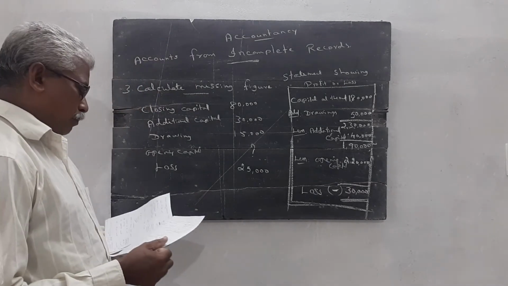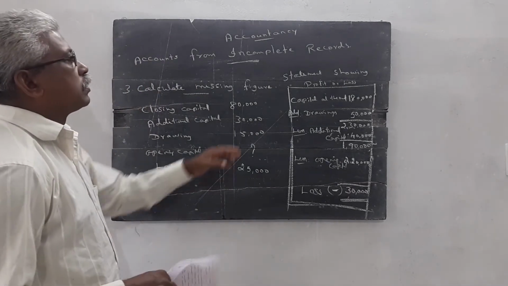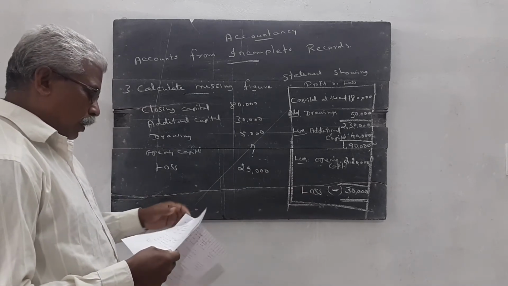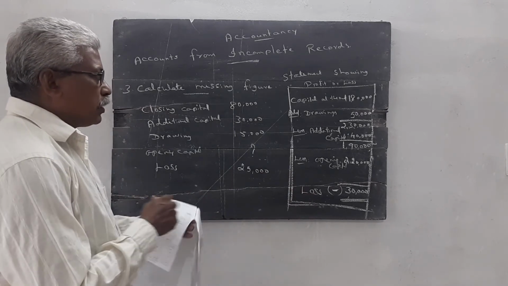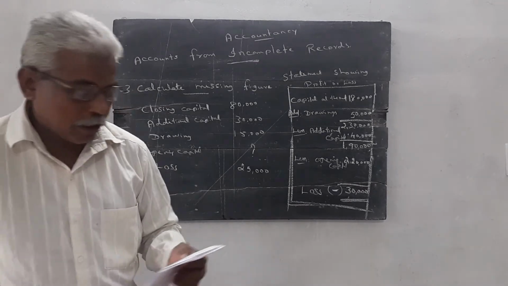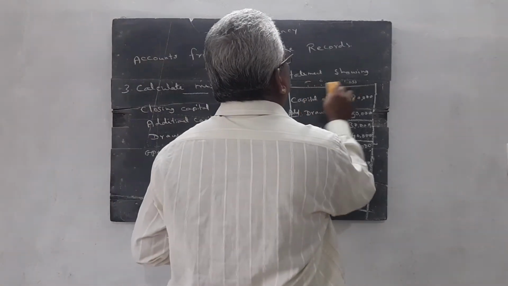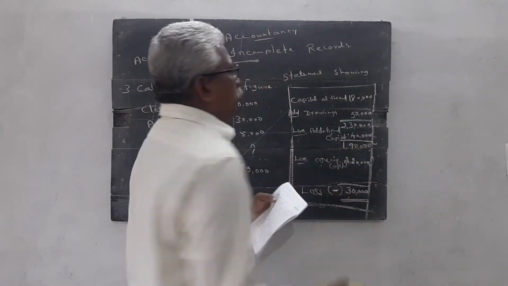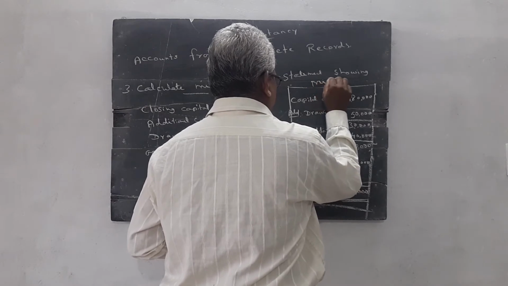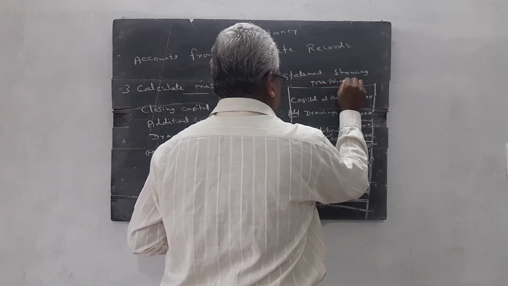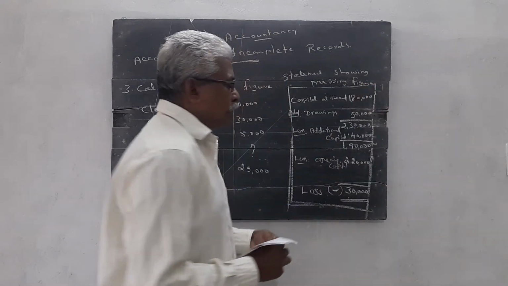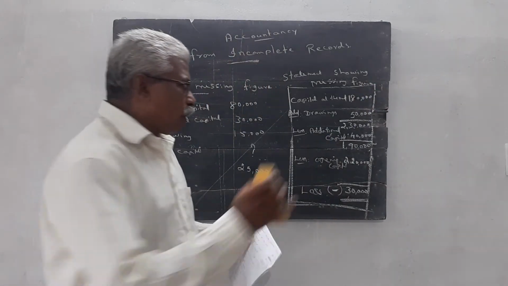In the previous sum we calculated profit or loss. Here in this question we calculate the missing figure. So we just change the heading: statement showing missing figure. First we write the same question, same format.